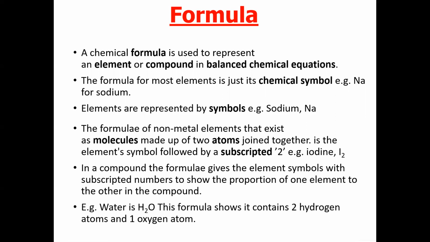So, for example, if we take water as our example here, you can see that subscript 2 means that you've got 2 hydrogens. But because there isn't a subscript number by oxygen, it means you've only got 1 oxygen. For that reason, water is made of 2 hydrogen atoms and 1 oxygen atom bonded together, chemically bonded.